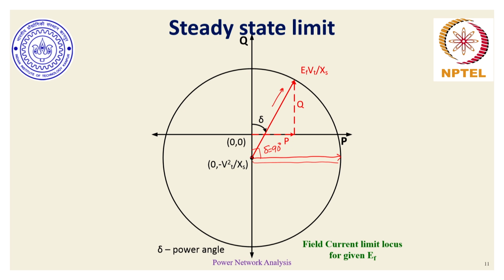A similar line can also exist for delta equal to minus 90 degrees, where delta is negative for motoring mode. This is the corresponding limit which can be absorbed by the cylindrical synchronous machine in the motoring mode.